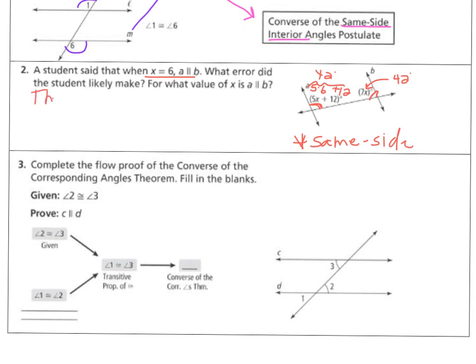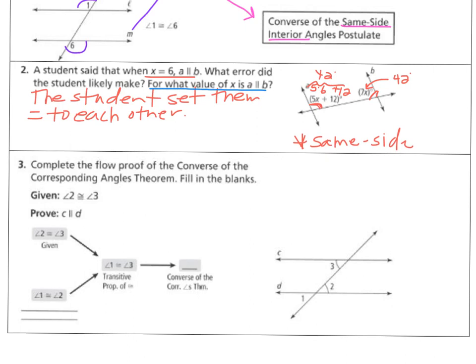The student set them equal to each other. That's the error. What do we know about same side interior angles? If you look back at the postulate up above, instead of those two angles being congruent, we have to recognize that they're supplementary.